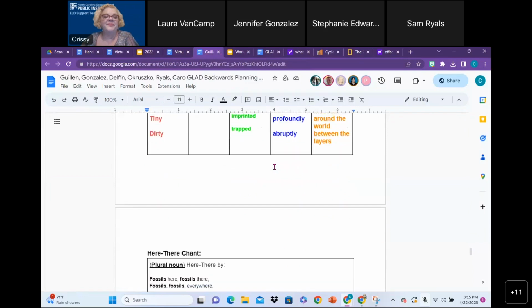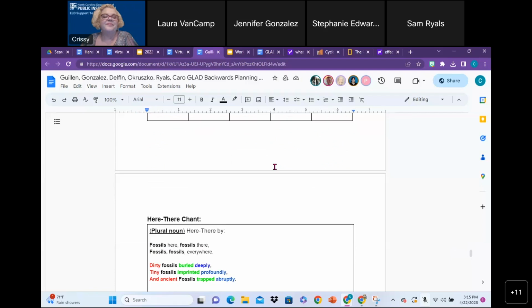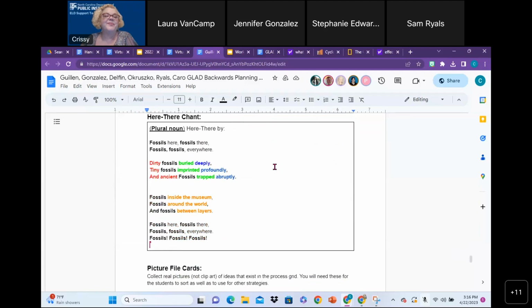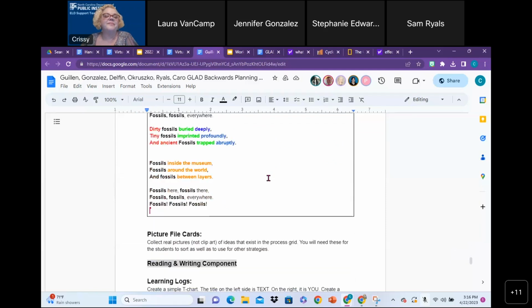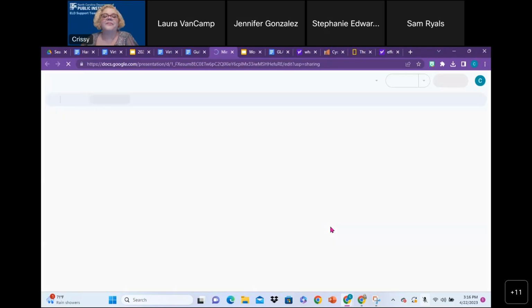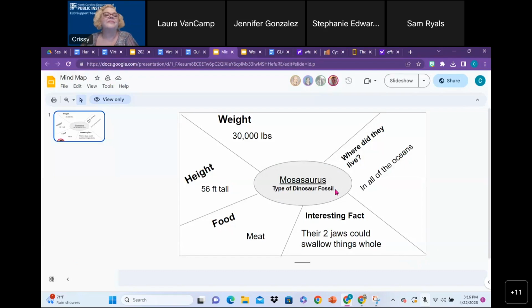And of course, they're color coded for all of the types of words, and the grammar behind them. Our here there chart, we used another color coding for that, and we have a really cool mind map that I liked. And again, we answered those attribute questions with the answers.